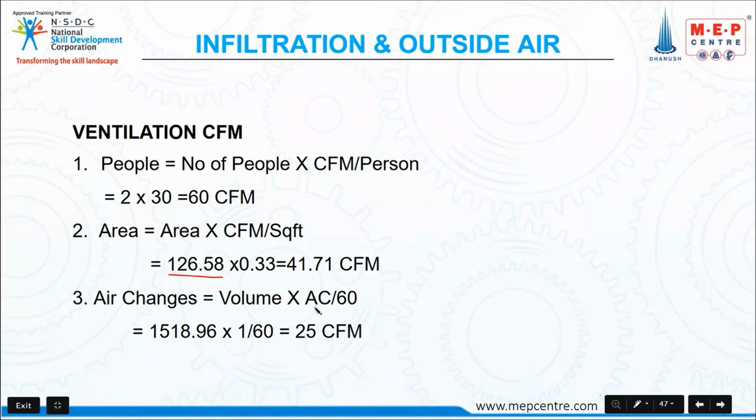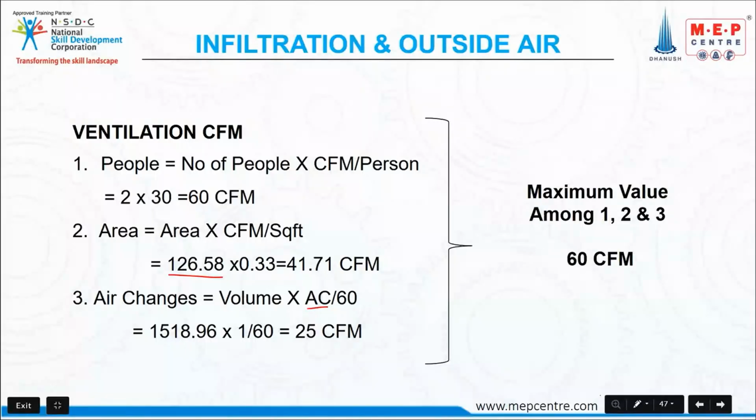For residential application, the standard value is 1 air change per hour. We are converting hours into minutes, so I am dividing by 60. So it is 25 cubic feet per minute. Among these three factors, what is the maximum value? You need to take the maximum value among 1, 2, 3, which is 60 CFM.